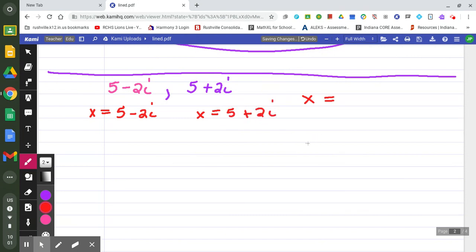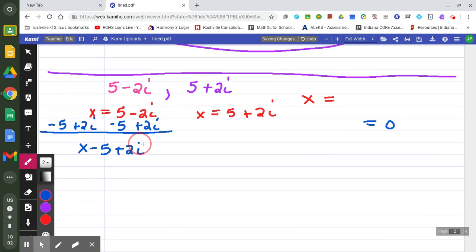And then the next step will be to set those equal to 0. So I will have to take minus 5 and plus 2i. But I also have to do that over here. So then how I'm going to write that is I have x minus 5 plus 2i equals 0, because those cancel each other out.